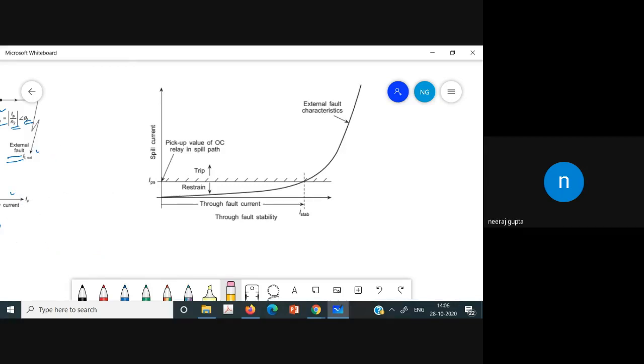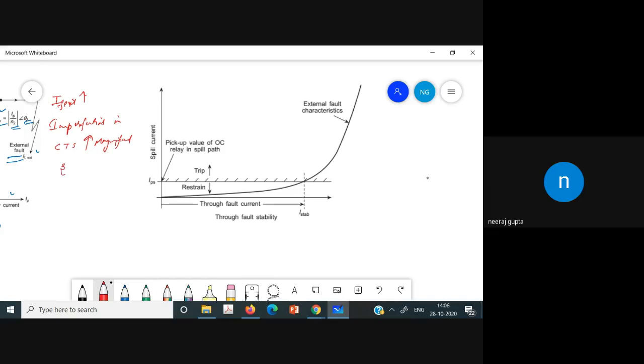Now, as we have discussed, as the through fault or external fault current goes on increasing, the various imperfections in CTs get magnified. As a result, it causes the spill current.